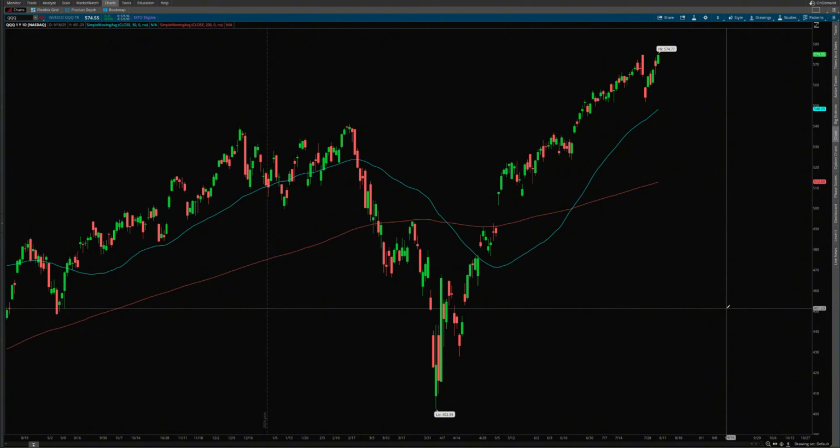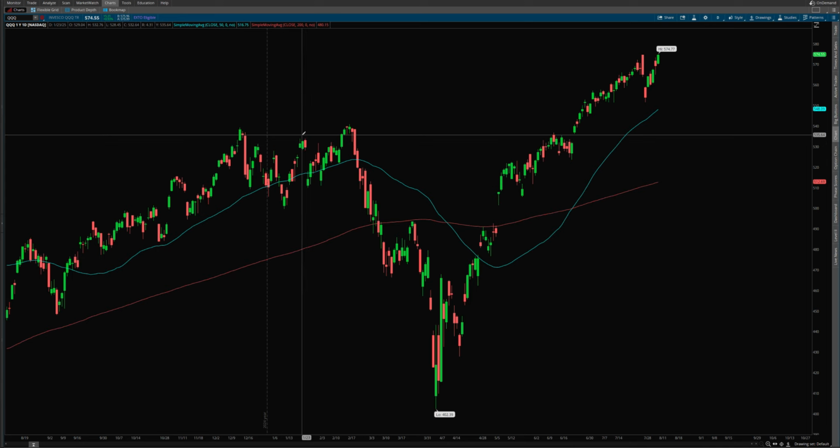So the old saying is, the trend is your friend until it ends. A trend in its simplest form is the direction that price is moving over time. And there are only three possibilities. Uptrends, again, higher highs, higher lows. Downtrends, lower highs, lower lows, and sideways consolidation with no defined trend.